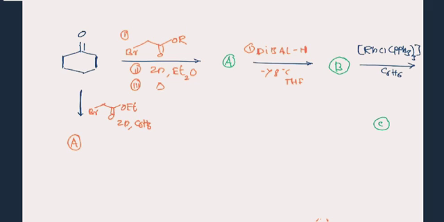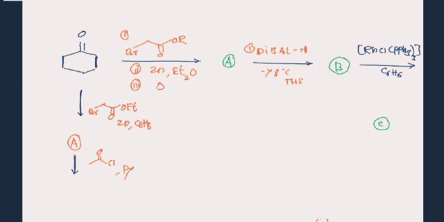Look at the difference between the first reaction and this one. On A, I am going to treat with acetyl chloride in the presence of a base, for example pyridine. So what will be the product of that?